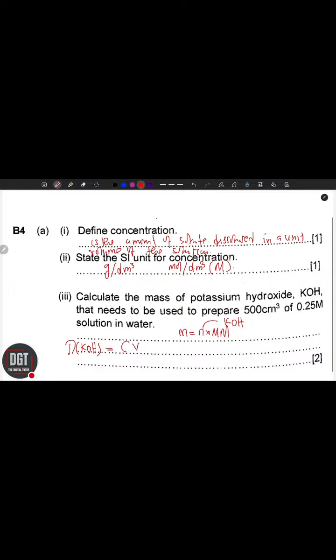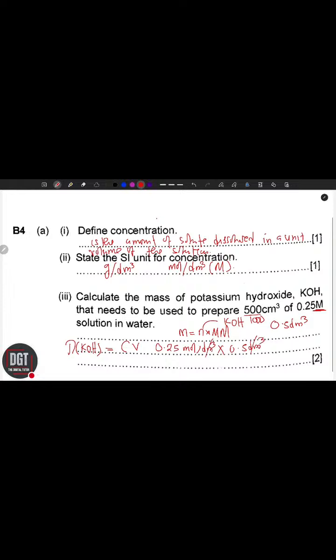Volume. Don't forget, we need it in decimeter cubic, so divide by 1000, which is 0.5 decimeter cubic. The concentration is 0.25. If you see M, just know that it's mole per decimeter cubic. So mole per decimeter cubic multiplied by 0.5 decimeter cubic.